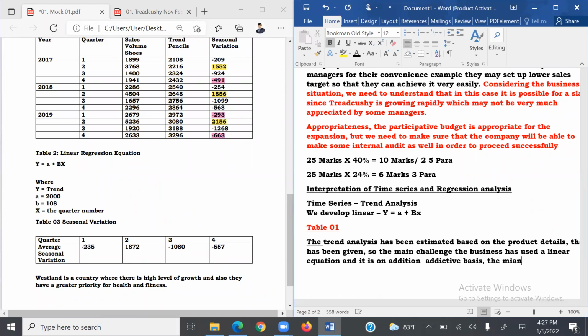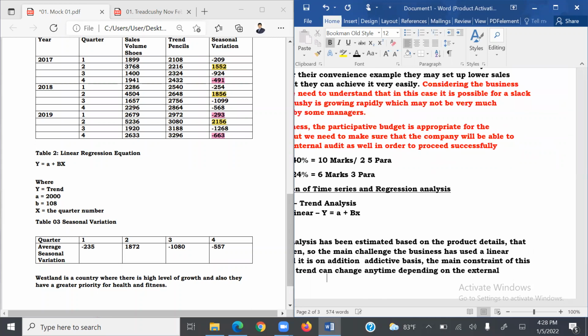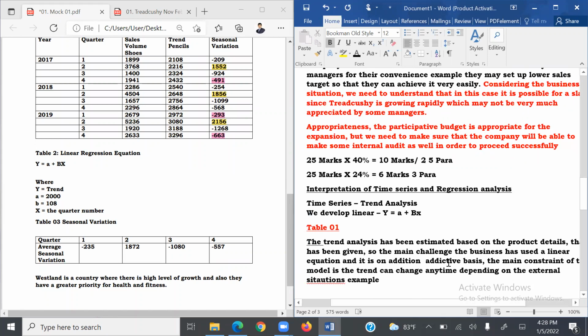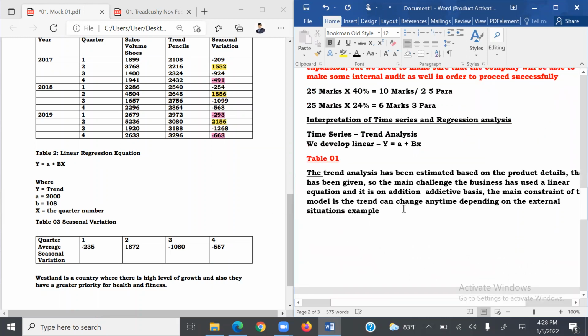The main constraint of this model is the trend can change anytime, depending on the external situations. For example, I can specifically say, students, on external situation, it will be very easy.